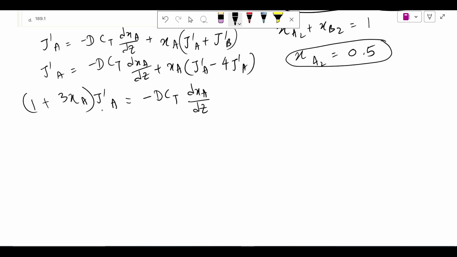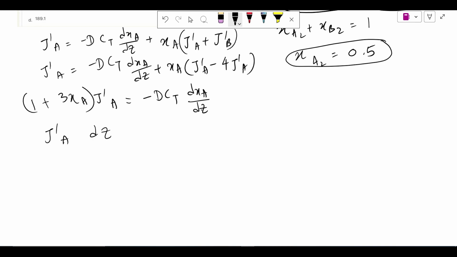The flux of A is a constant, this coefficient is constant, and the CT value is constant, and other parameters are not constant. They are changing with time, changing with the length, right? So we need to simplify the equation for integration.